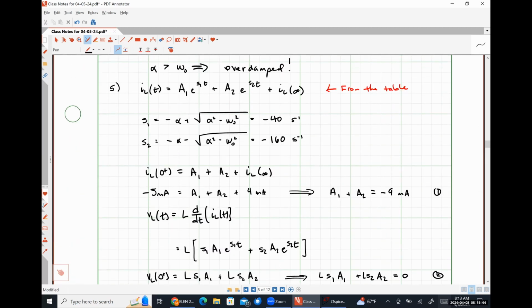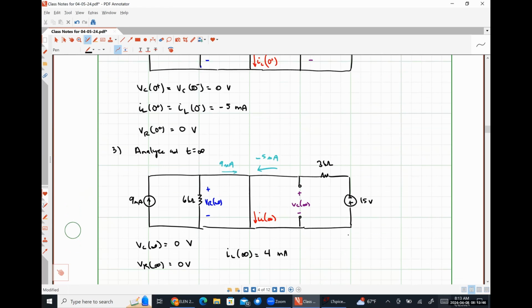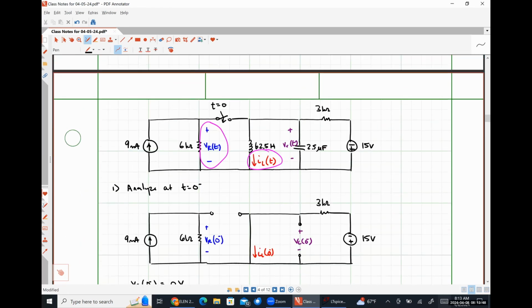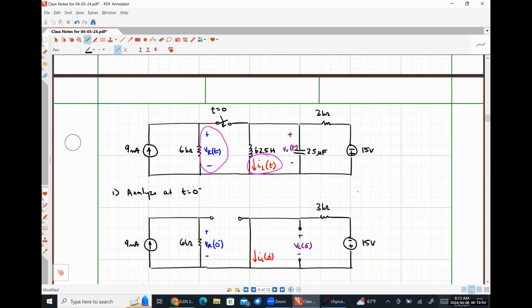So if we scroll back up to the top here, we can see that during the transient condition, the voltage drop across our resistor is literally the exact same thing as the voltage drop across our capacitor.